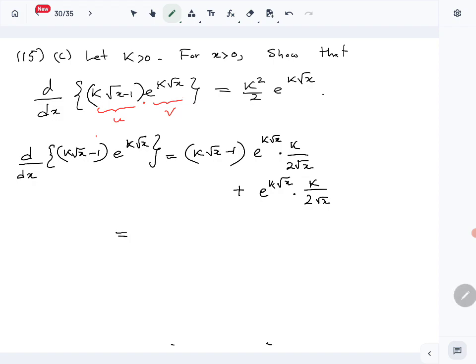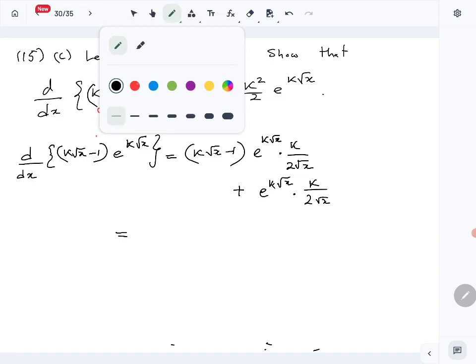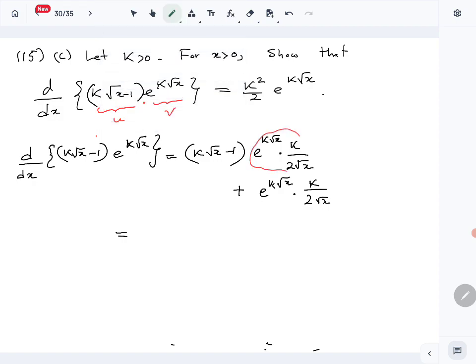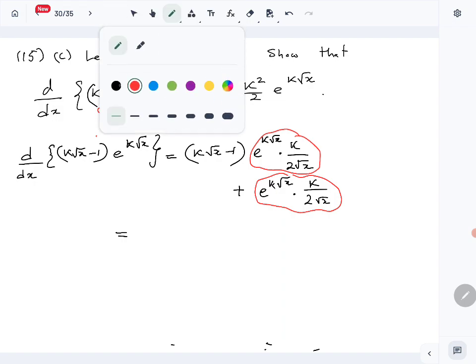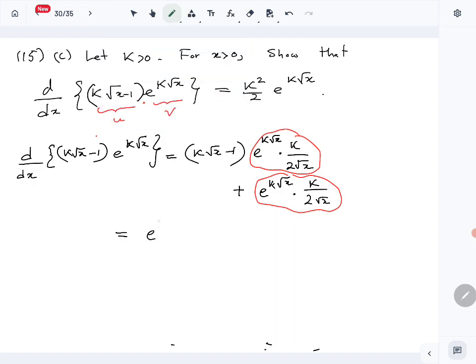So let's take the common part out. The common part is this term, which is common for both terms, so we can take that out: e to the k square root x times k over 2 square root x. Then what is left? k square root x minus 1 plus 1.